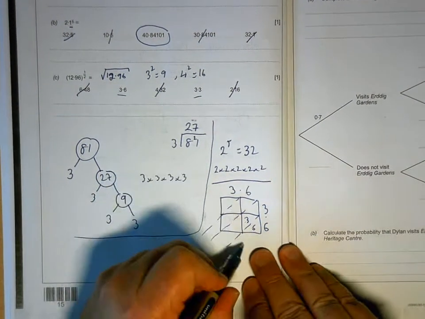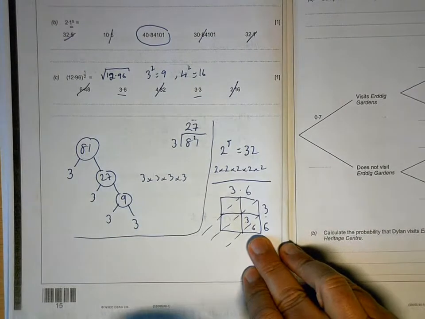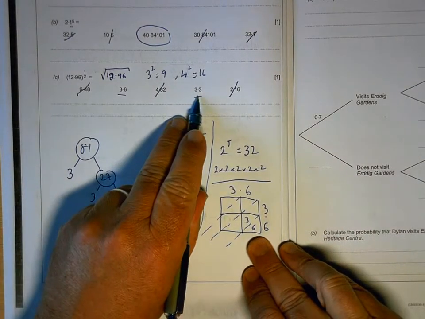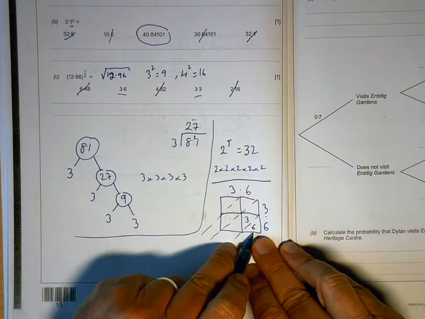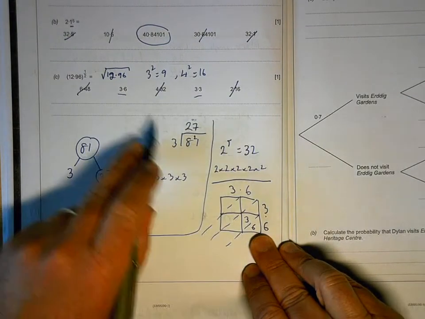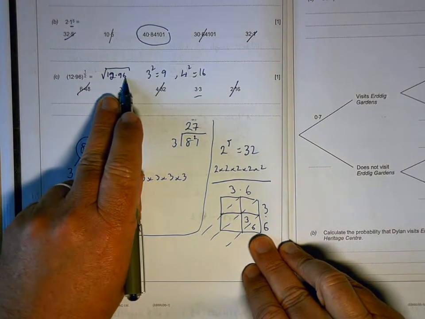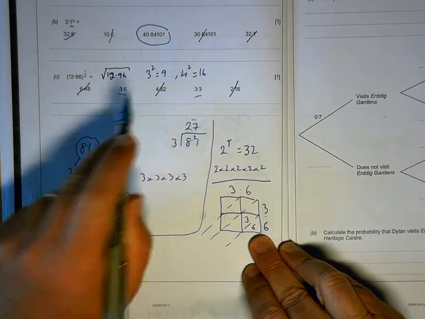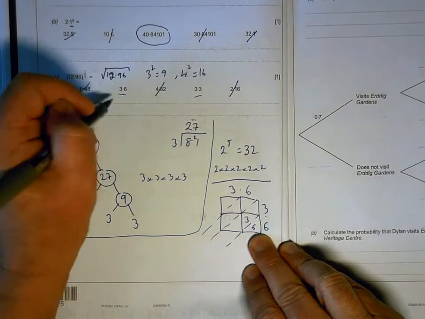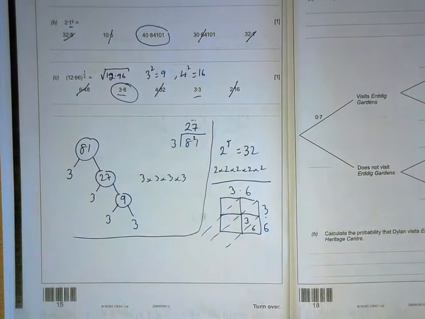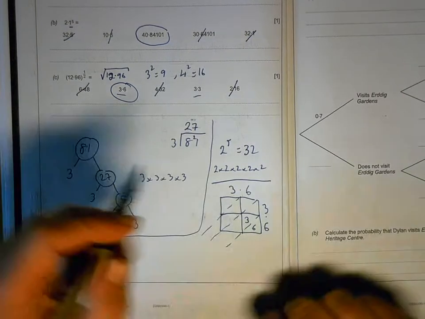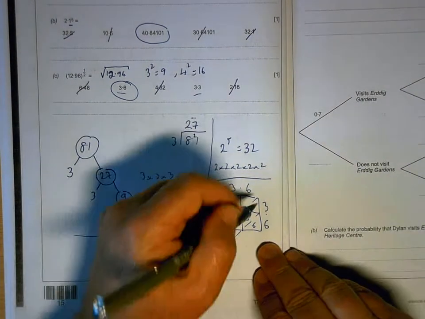So the end digit is going to be a 6. If I do 3.3, my end digit is going to end in a 9. Now, mine is going to end in a 6. So the only one of these two answers which will be correct is that one. So you could either deduce that or you could work it out. So let's finish that off.